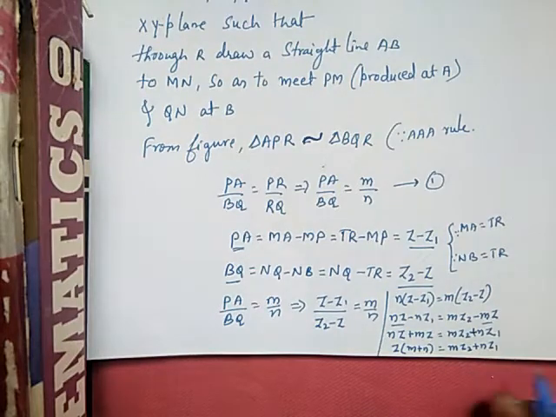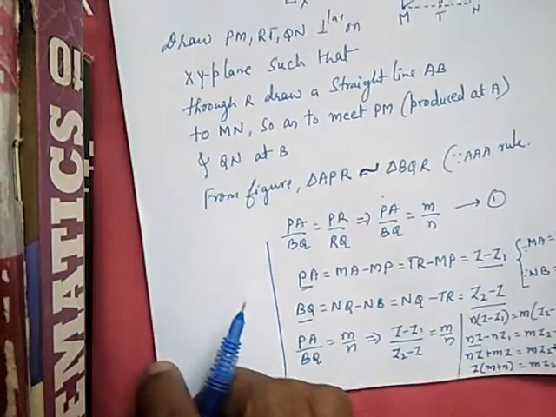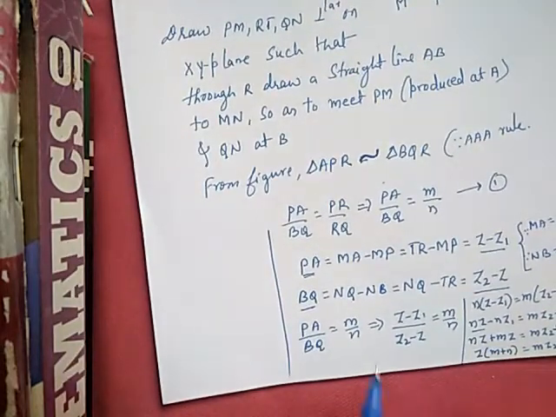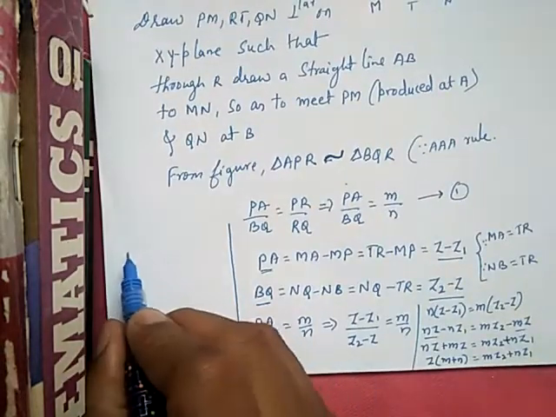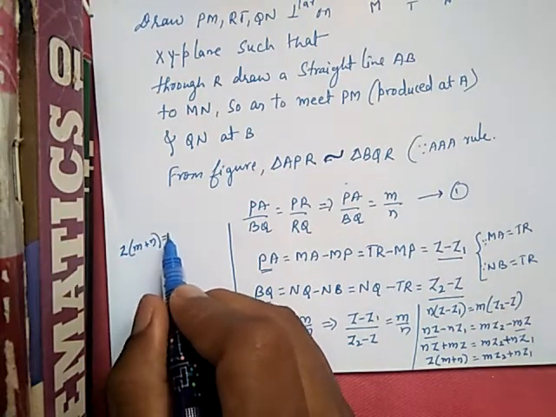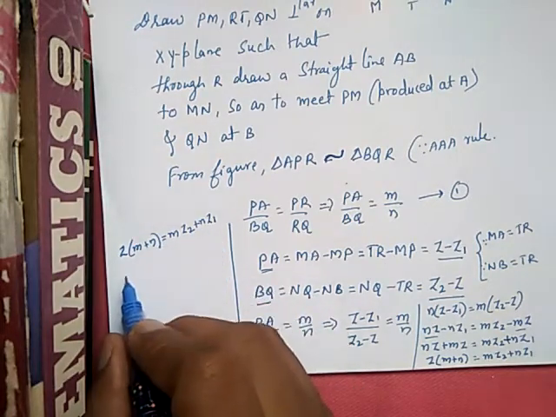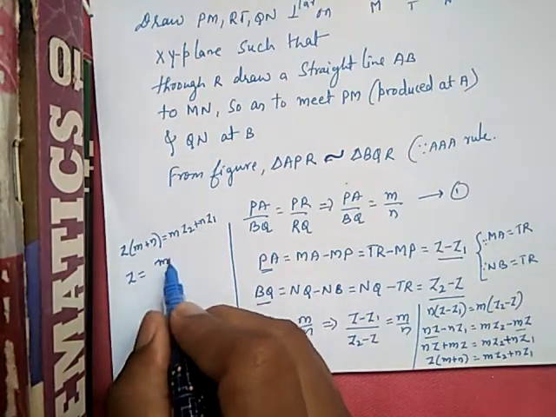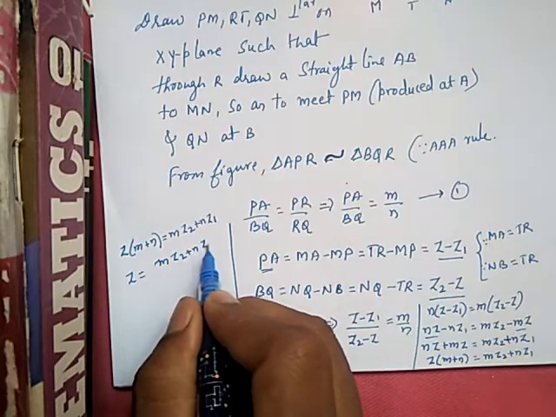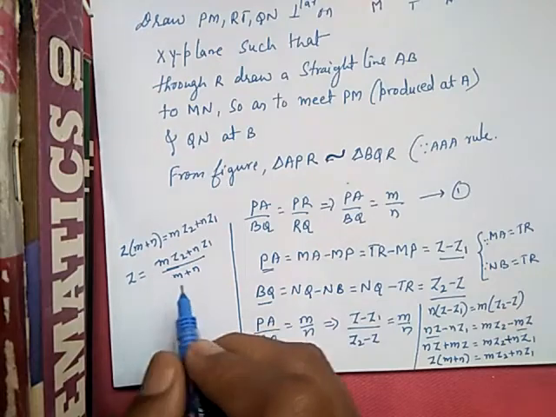You can pause the video and write that. So Z of M plus N in the bracket is equal to MZ2 plus NZ1. So Z is equal to MZ2 plus NZ1 divided by M plus N. So this is your Z point.